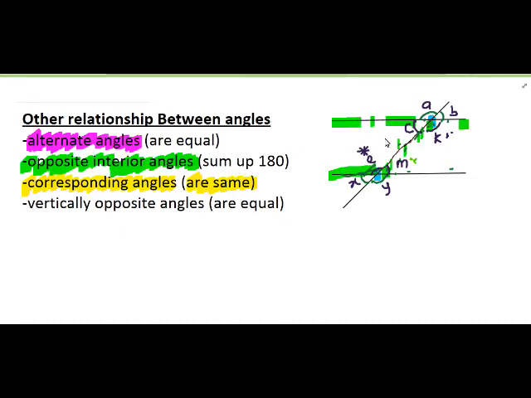In corresponding angles, the way they relate is that we have one angle outside the diagram and one inside. So right here, A is corresponding to E, B is corresponding to M, Y is corresponding to K, and X is corresponding to C. I think I just have to say it again.